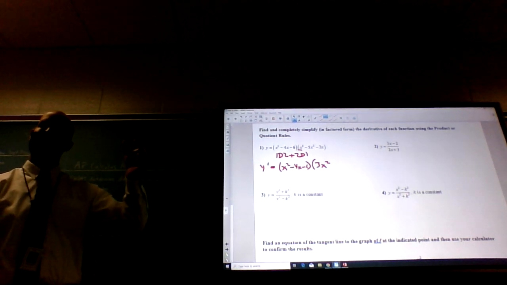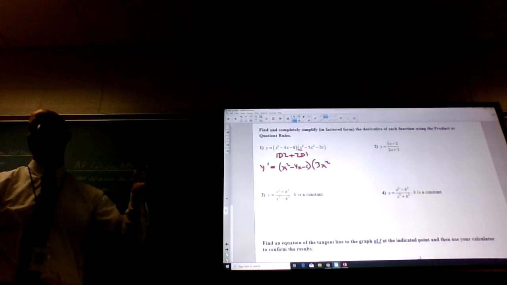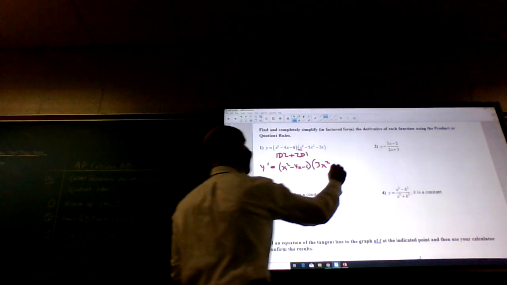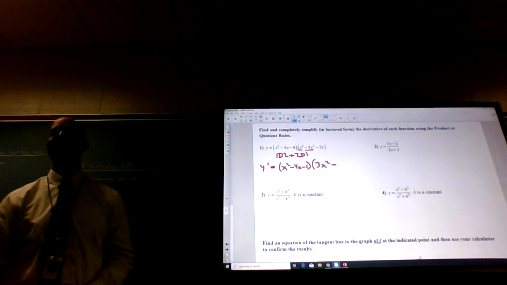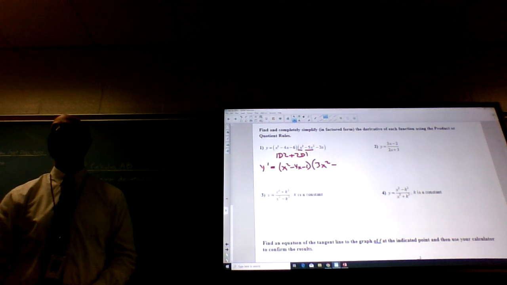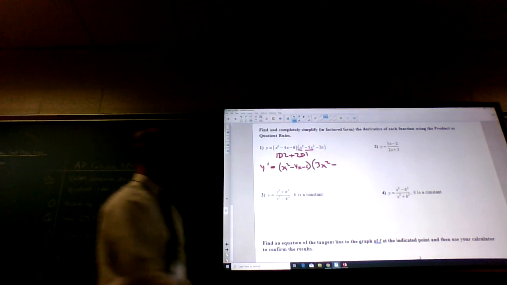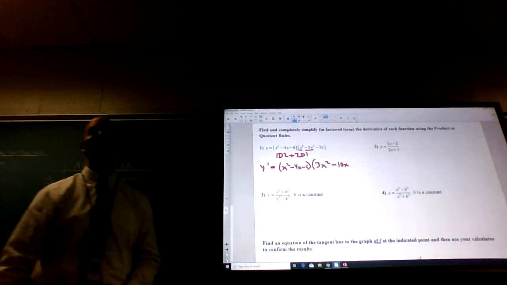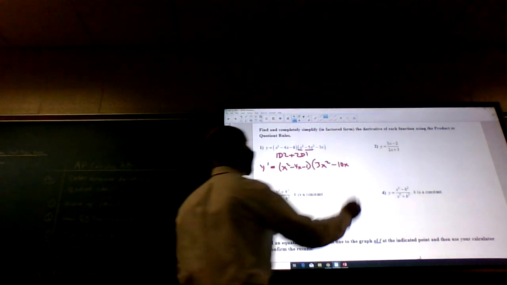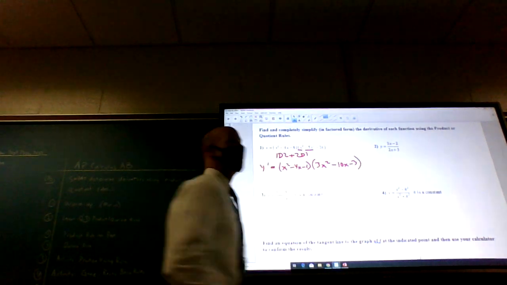The 3 goes to the front, and then you subtract 1 from the exponent. What is the derivative of negative 5x squared? Well, that'd be negative 5 times 2x, or negative 10x, correct? And then the last one, what is the derivative of negative 3x? Negative 3. Now I'm done, right?